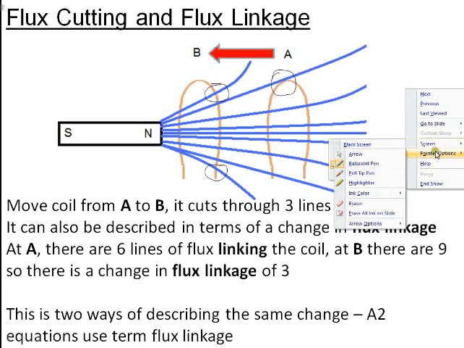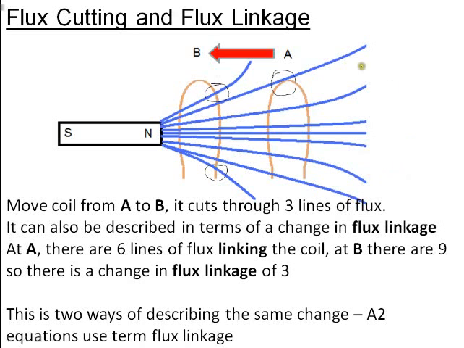So what we mean by a flux linking the coil: here we can see that the lines of flux that actually pass through or link the coil are 1 there, 2, 3, 4, 5, 6. So all of these lines here actually pass through the coil.